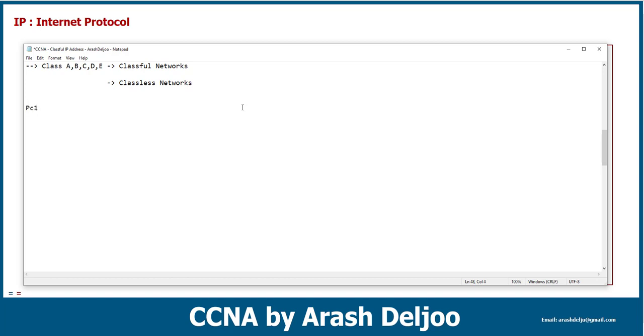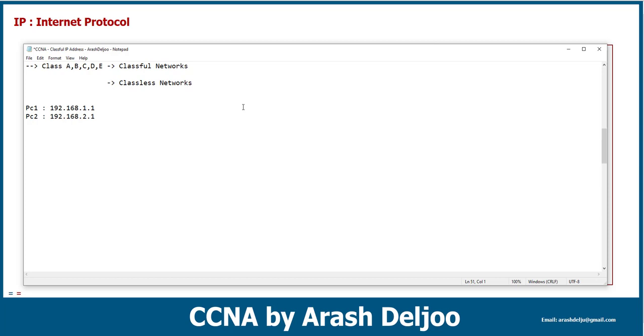I said that we have one PC, for example PC1, with the IP address 192.168.1.1, and PC2's IP address is, for example, 192.168.2.1, or an IP address such as this. The IP address is not important, the concept is important. I used this example for understanding the function of the IP address classes.